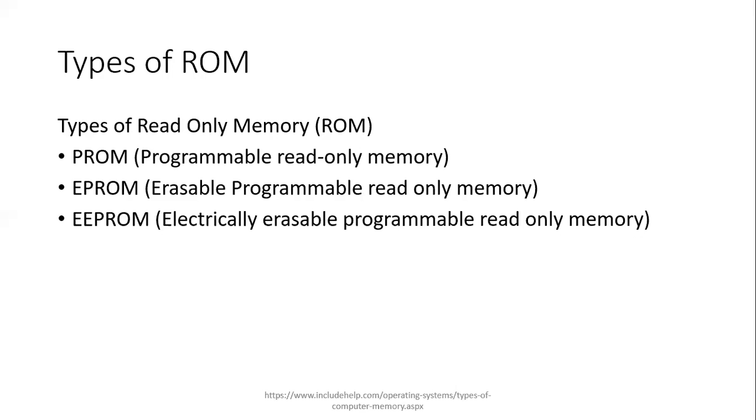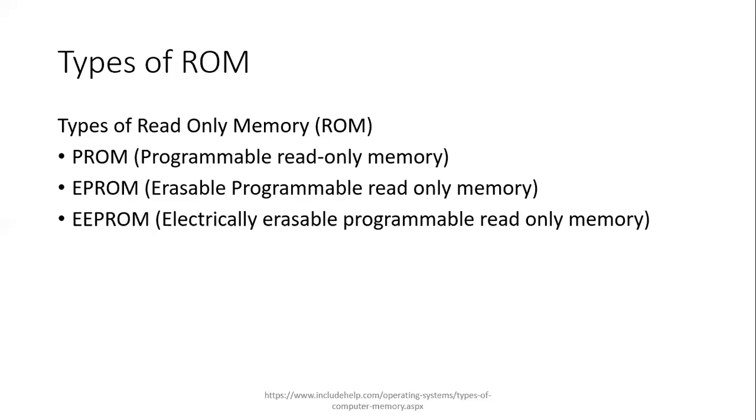So the next is called the EEPROM. It is quite similar in operation to the EPROM, but the only difference lies in the way the data is erasable or modifiable in the ROM. The data can be erased and reprogrammed by applying an electric charge.